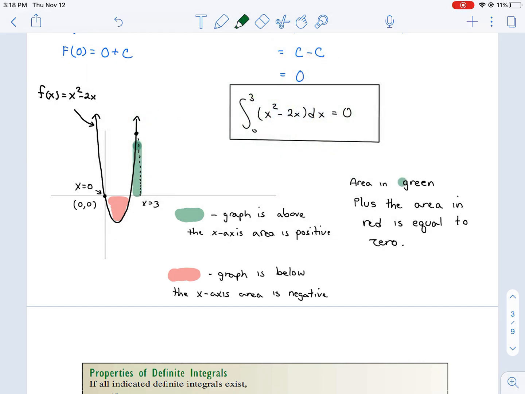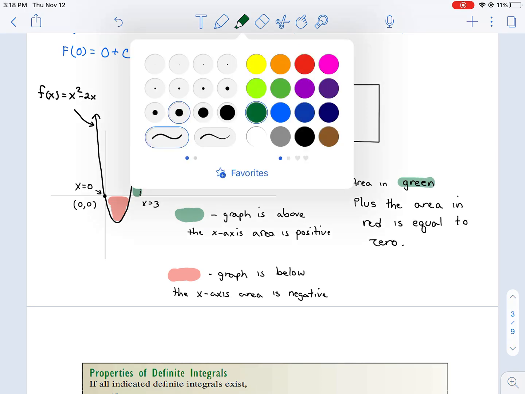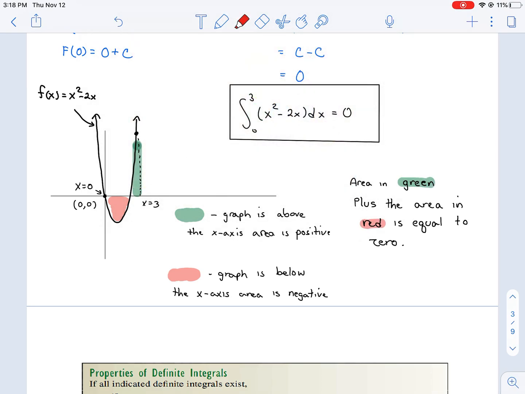So the area in green plus the area in red is equal to 0. And that is what the definite integral evaluates. And we are done.